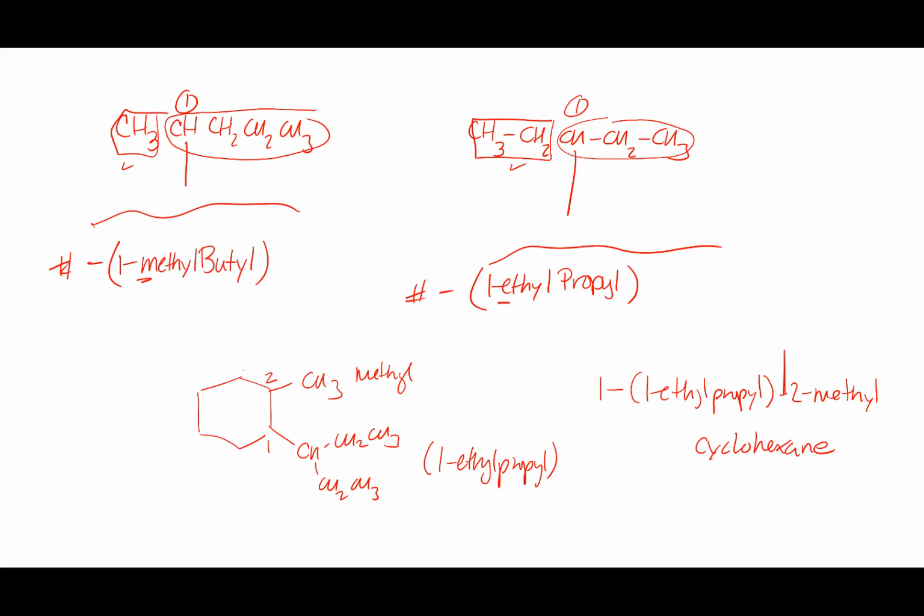When we're naming complex substituents that don't have a common name, complex substituents go in brackets. Then there has to be a number outside of that bracket to tell you where you're putting that group, in the cyclohexane or in the long chain. But the key is, alphabetization-wise, in brackets, it's the first letter.